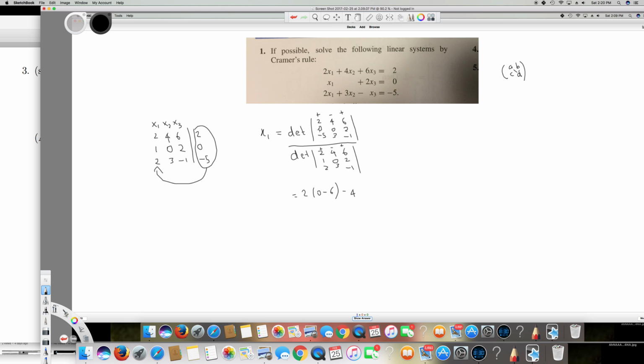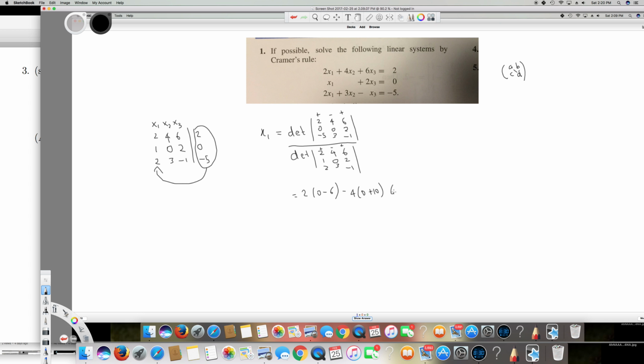So the left thing is 0, 2, minus 5, minus 1. Now I find AD minus BC. 0 times negative 1 is 0, and minus 5 times 2 is minus 10. So 0 minus minus 10, minus minus becomes plus, so plus 10.